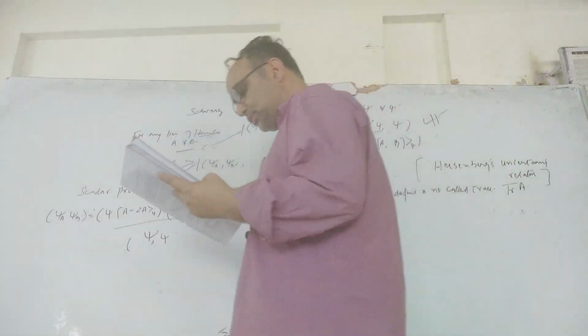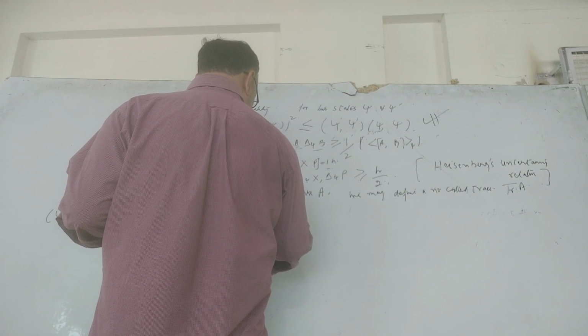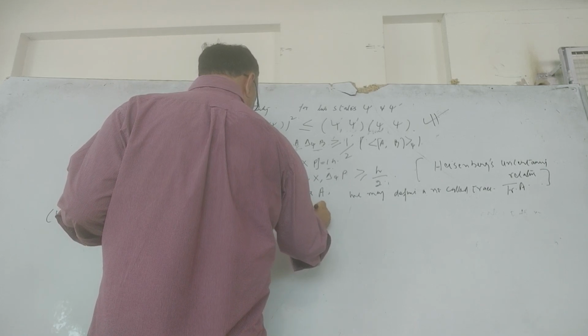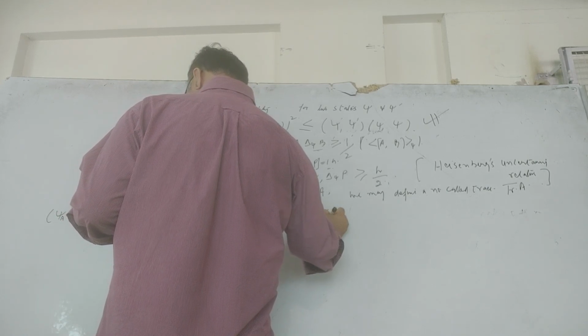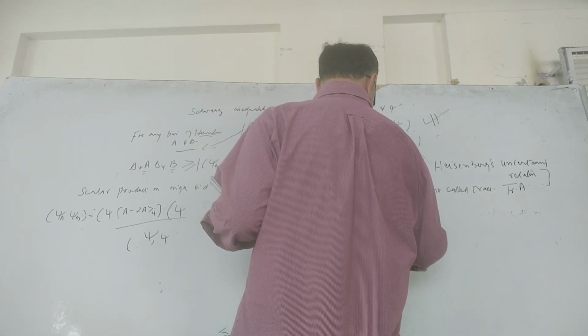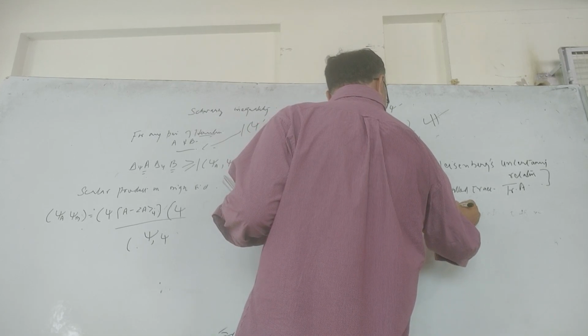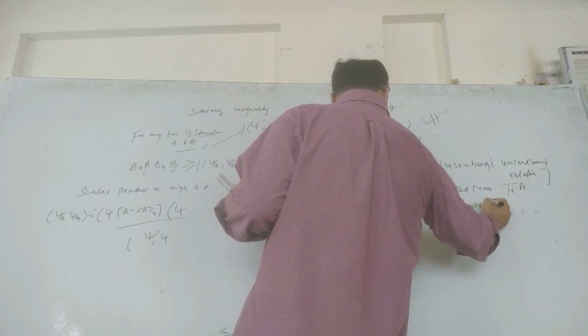So the trace is introduced. Trace is defined by introducing an orthonormal set of basis vectors psi i.